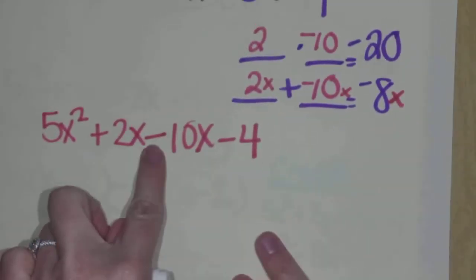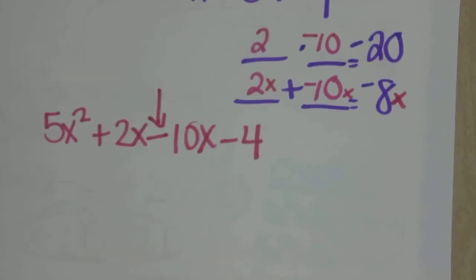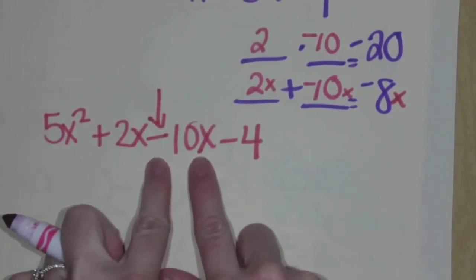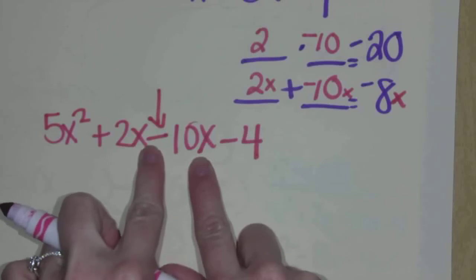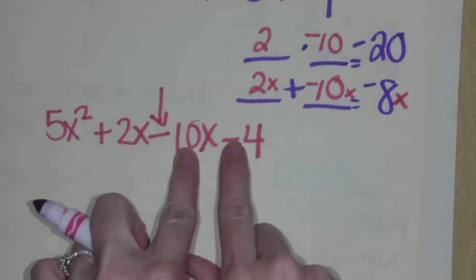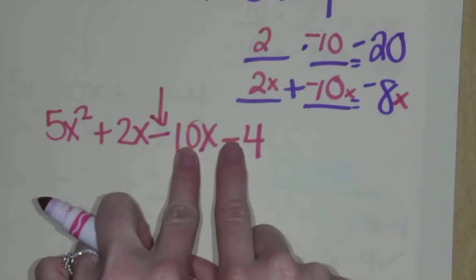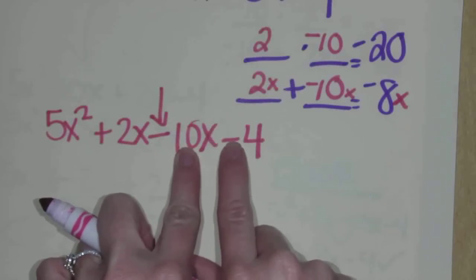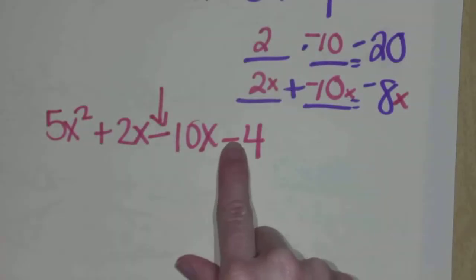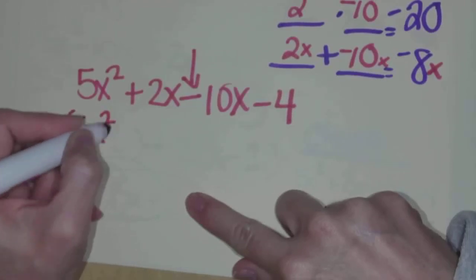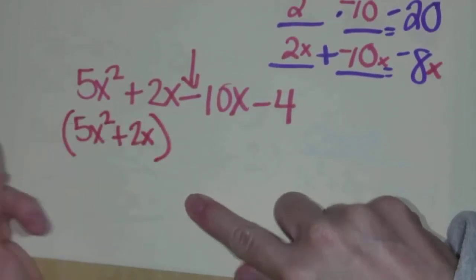Now, when the sign right here in between the second and third term is a minus, do you remember from the last video when we group what we have to do with it? Hopefully you're remembering that we have to change this to the opposite of what it currently is. So it would look like this. The front would be fine, 5x squared plus 2x.